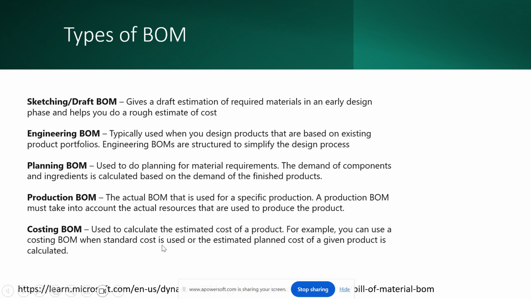We will also take up the calculation group, cost categories, cost groups, and all when we discuss the costing techniques. So these are the different types of BOMs, but currently we are just creating a production BOM in order to keep the scenario simple.